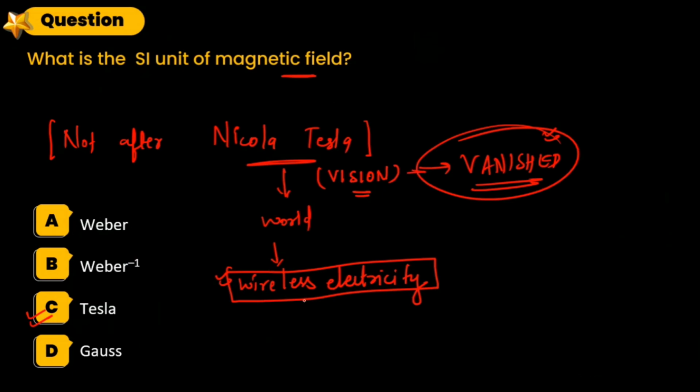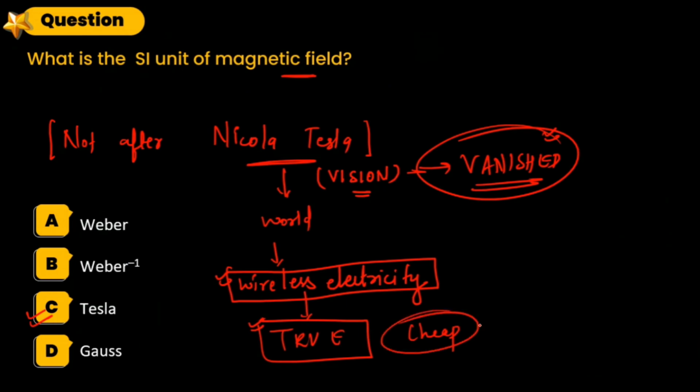But if his vision had become true and we were living that reality, it would be a very useful thing. It would be cheap also. The whole world could use electricity which is free of cost.